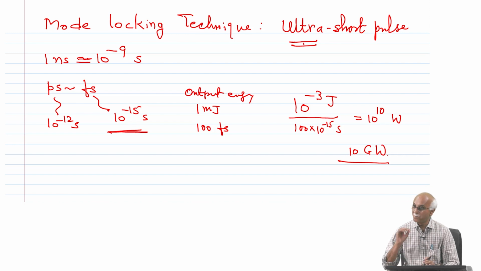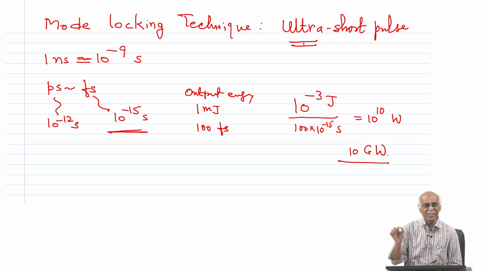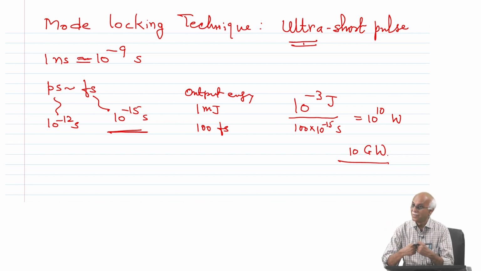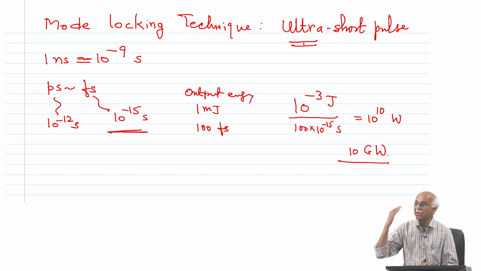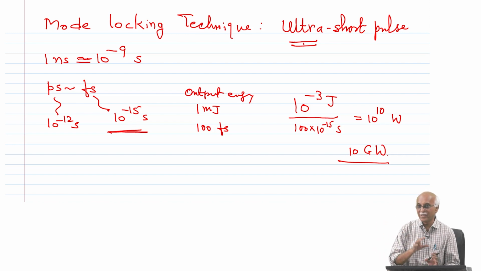This is one pulse of laser, 10 gigawatt. That means all power stations will close down? No, nothing like that, isn't it? The energy is very low, it is only a short energy extracted in a very short period of time. So, the power per pulse may be very large, energy used is very small, is not it, okay?